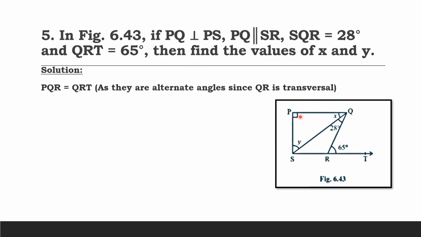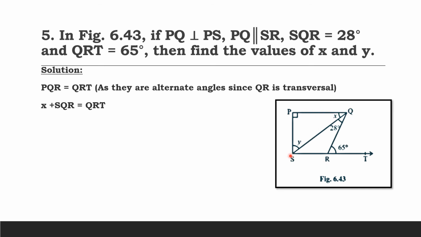Here you can see that PQR is equals to QRT because PQ and SR or ST are parallel lines and QR is a transversal. So these two angles form alternate angles. So its measure would be equal. But PQR is equals to PQS plus SQR.